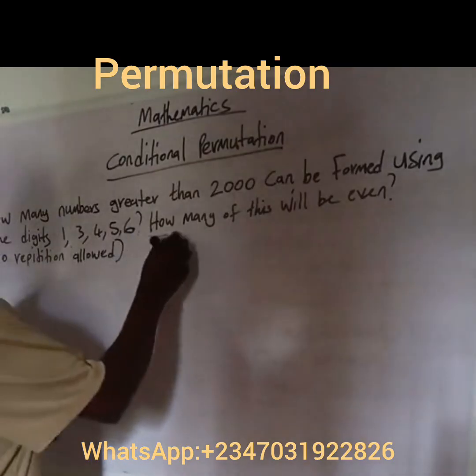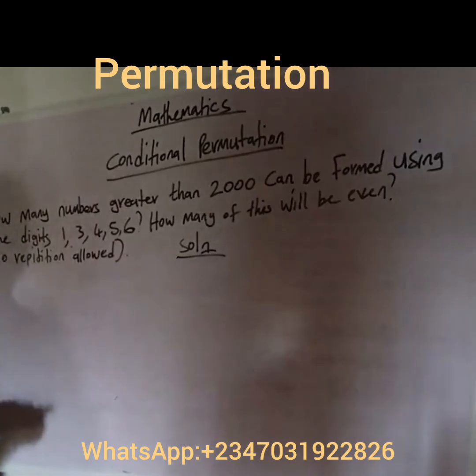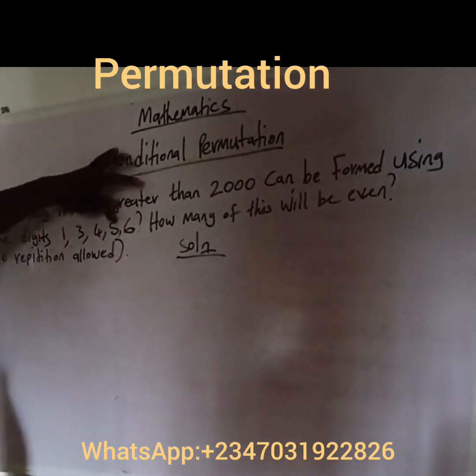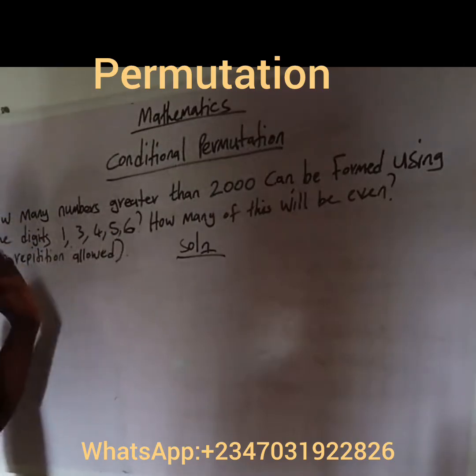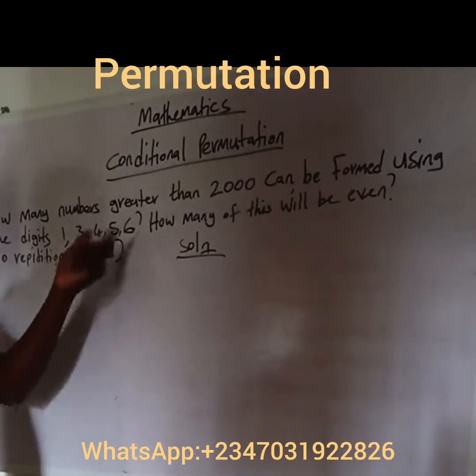Now, how do you approach this question? First, if you look at the digits that are given, there are 5 digits. And if you are to write these digits such that the number is greater than 2000, it means any of these digits can start. You can start with 1, and it will give you 13,456.